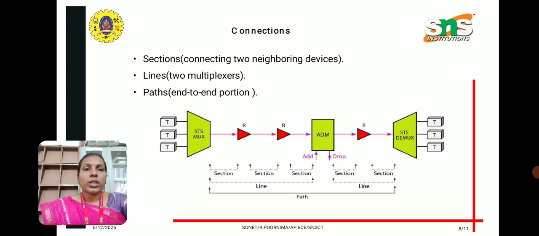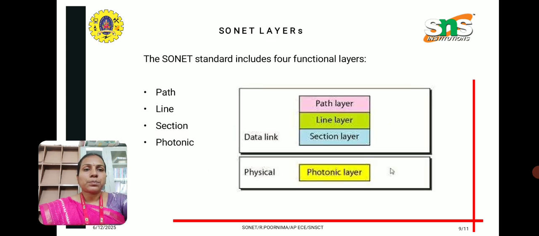So it connects two neighboring devices. And a line connects two multiplexers. For example, from the STS multiplexer to the ADM is one line, and similarly a second line connects the ADM and the demultiplexer. And a path is the end-to-end portion from multiplexer to demultiplexer. The end-to-end connection is the path.